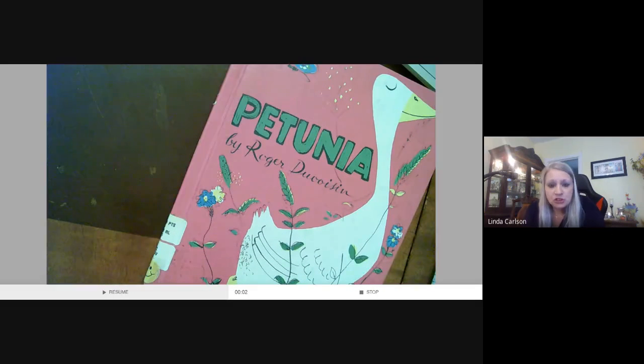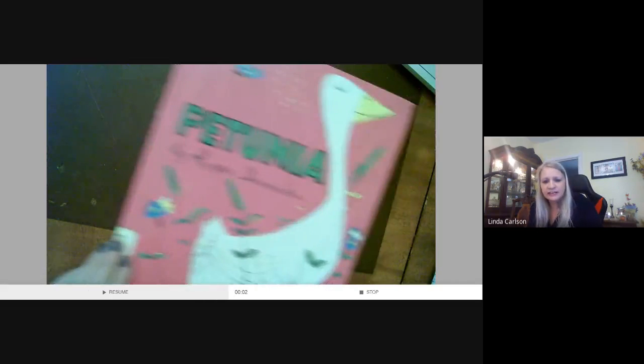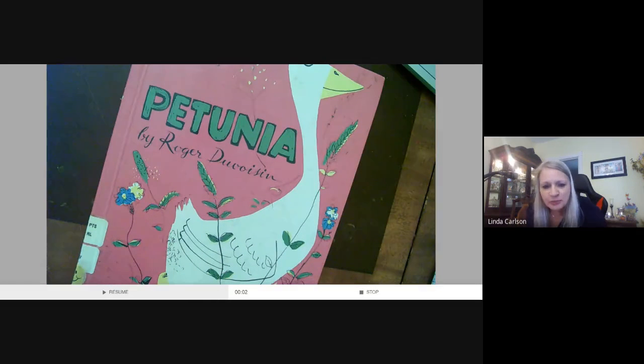So Petunia thought just by having the book, by possessing it, by holding it and carrying it around and showing other people, that made her wise and that made her proud because she thought that she was wise. It wasn't until she realized that you just can't possess it. You have to work towards it and you have to actually learn.